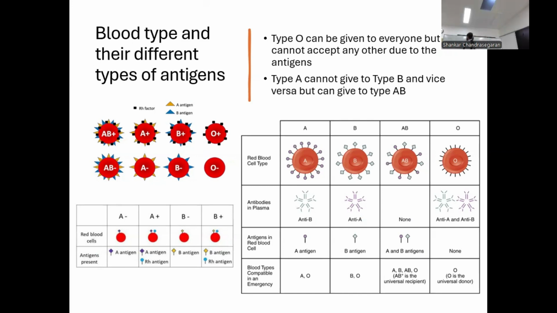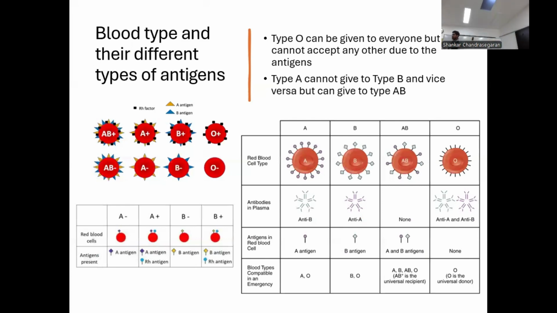All right, so donor is blood group B. Recipient is blood group O. Do you think this is going to be okay, or do you think it's going to be bad? All right, who thinks it's going to be okay? Raise your hands. Who thinks it's going to be bad? Raise your hands. Yeah, it's going to be bad.